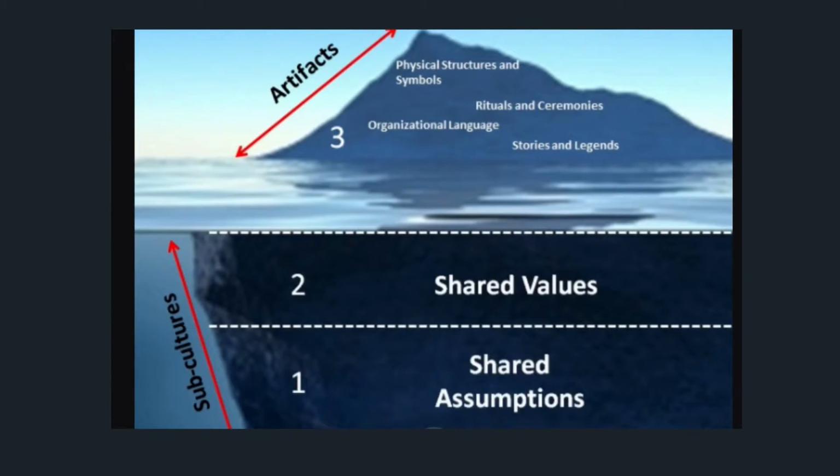The iceberg's surface shows the evident and observable process artifacts that include recruitment, orientation, training, and networking.